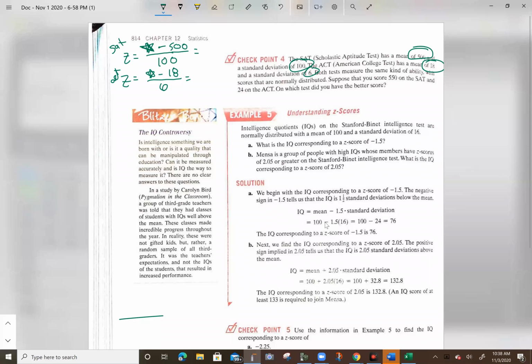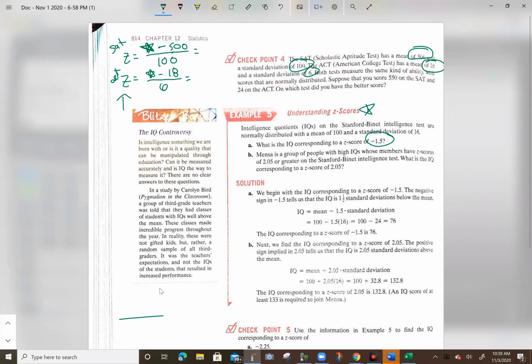All right, IQs, understanding the z-score. What is the IQ corresponding to a z-score of...? Oh, so we're just going backwards, you guys. So check it. Up here, we were solving for z, and down here, you're solving for your actual score.